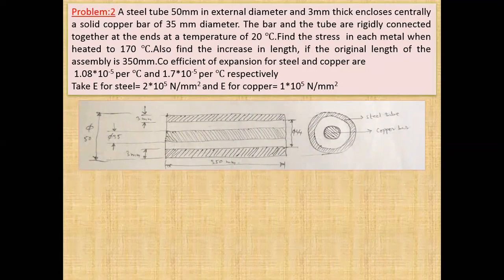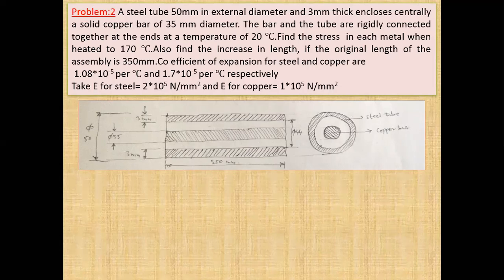As we recollect, the composite bar is one in which two materials are rigidly fixed to each other, by definition. So when temperature is raised, one will be trying to expand quicker than the other. Here, copper will be trying to extend more than the steel.